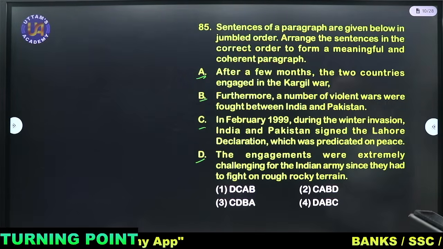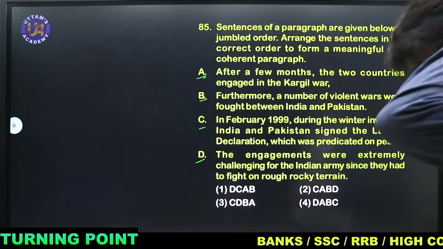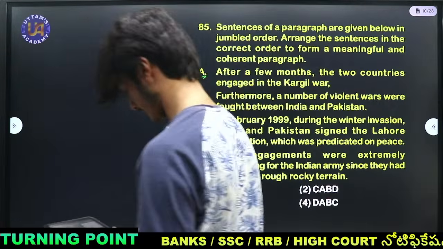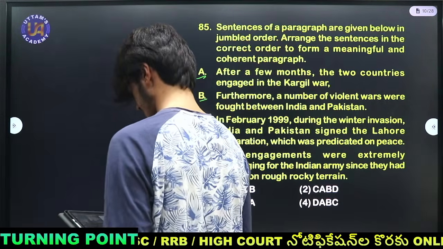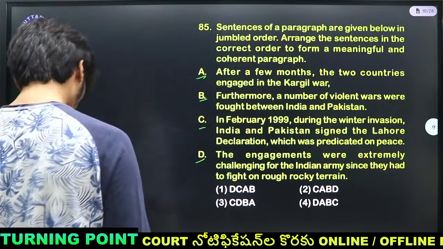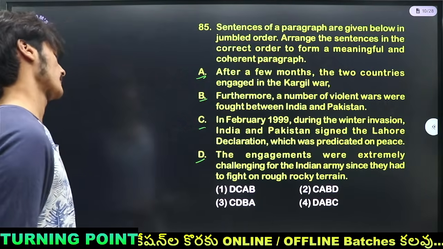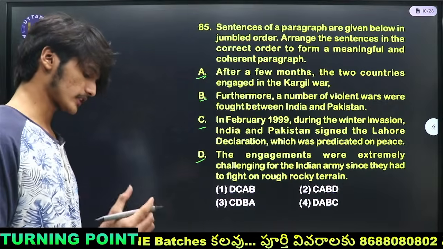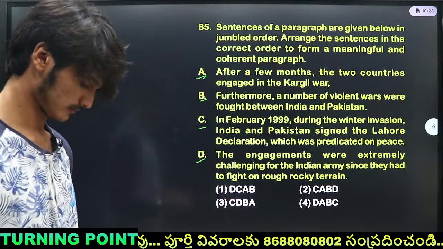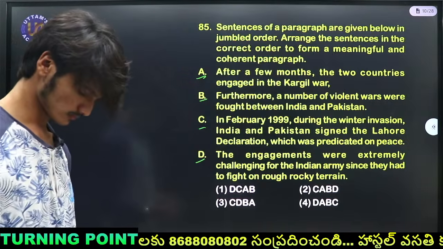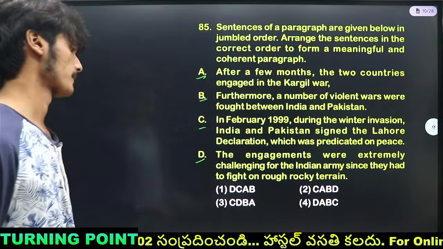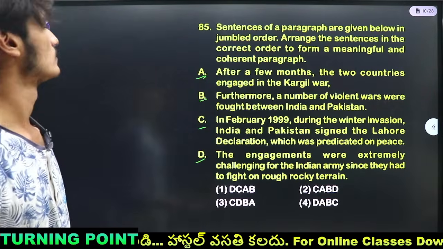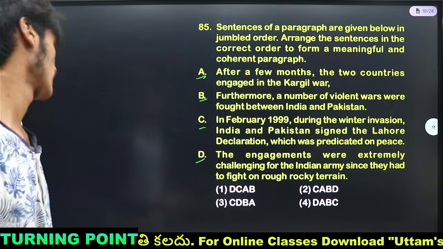Anudipti says C, Aim for UPSC says CDBA, Randur says CABD. First we need to know which is the introduction.